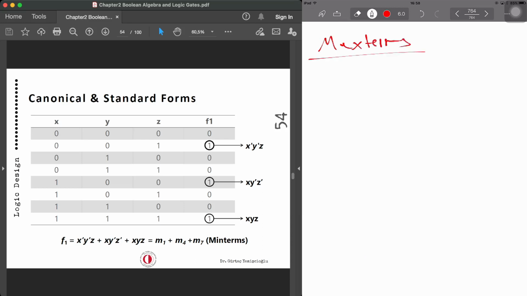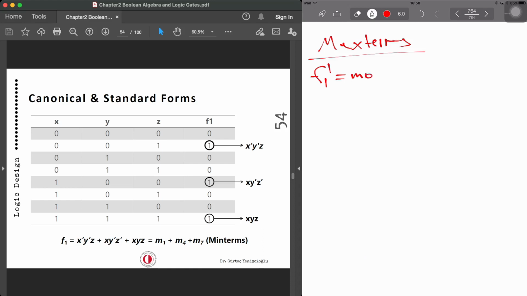Okay, so let's write it as max terms. Now, if you consider it, this is 0, 0, 0, which for F1 is going to be 0. So I can say that F1 prime, okay? F1 is representing ones, F1 prime represents zeros. What do we have over here?